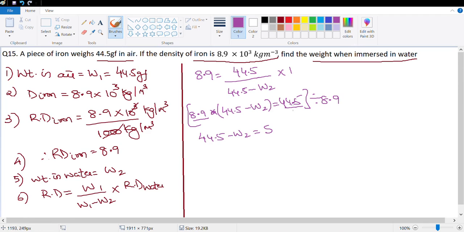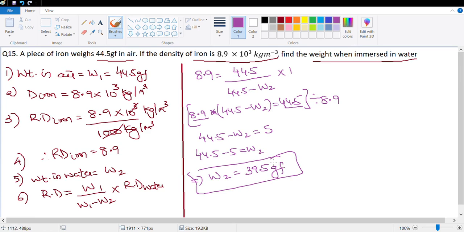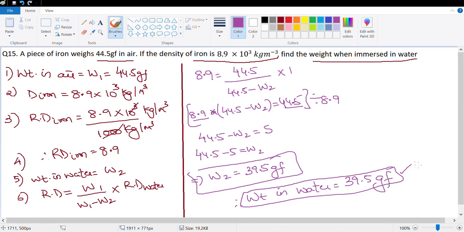Yes, this is correct, which means 44.5 minus 5 is equal to W2, which means weight 2, which is weight in water, is equal to 39.5 gram force. Therefore, weight in water is equal to 39.5 gram force. Done.